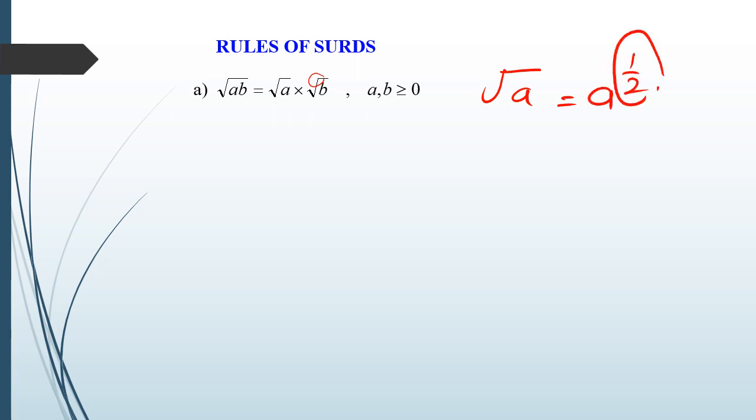So the power is always 1 over 2. What we have here is (ab) to the power of 1 over 2. If we apply the rule of indices, we have a to the power of 1 over 2 multiplied with b to the power of 1 over 2.